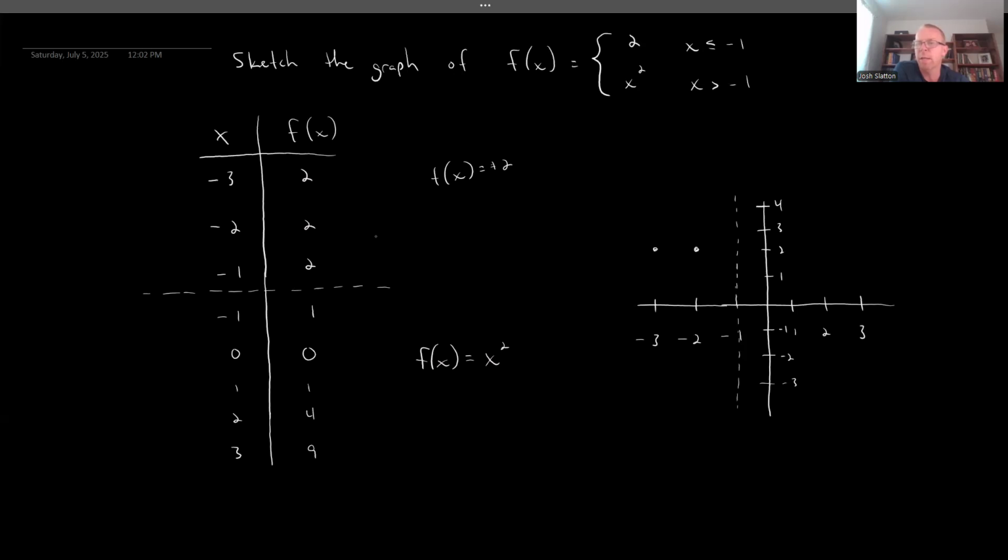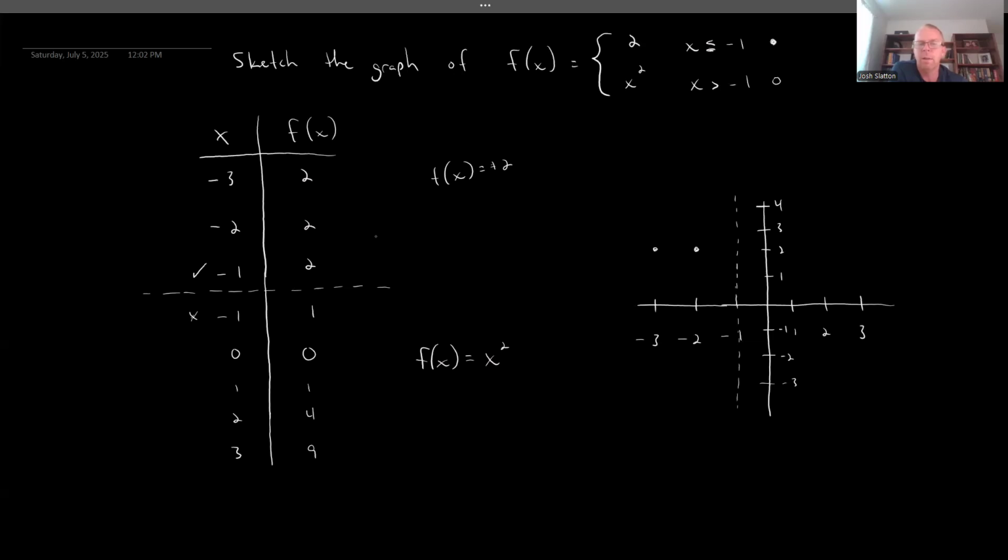Now, here's where you need to pay attention to where is the equal part of this piecewise function. So if it has the equal part, we're going to use a closed circle to denote that point. If it doesn't have the equal part, we're going to use an open circle. So since x equals negative 1 is actually included in this part, it's included there, it's actually not included there.